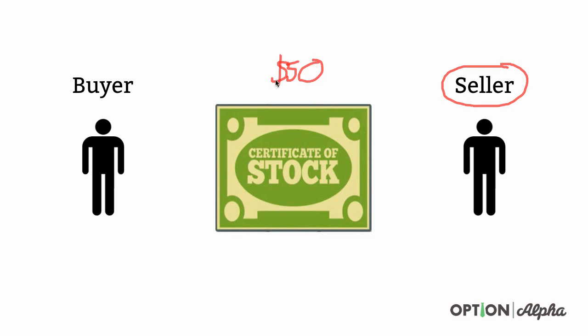Now, if the stock is worth less than $50, the option buyer is not going to exercise their agreement. They're not going to buy stock at $50 a share when it's only worth $40 a share in the open market. They'd rather go out and buy the stock in the open market for $40 a share versus buying it from you at $50. But as the option seller, you don't have that decision anymore.